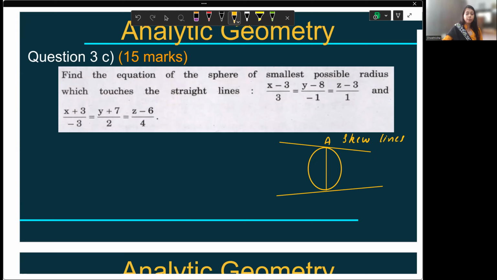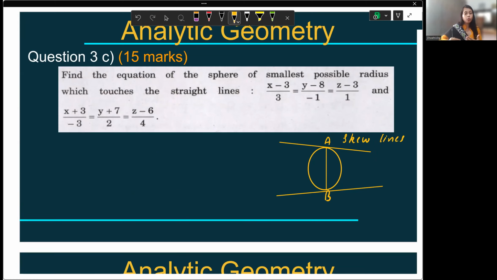So let's say this AB is the line. Now, the smallest sphere is only possible if that line AB is the diameter of that sphere. So at the end, I'll find the equation of this sphere which has AB as the diameter, which can be easily derived using the diametric form equation of the sphere.